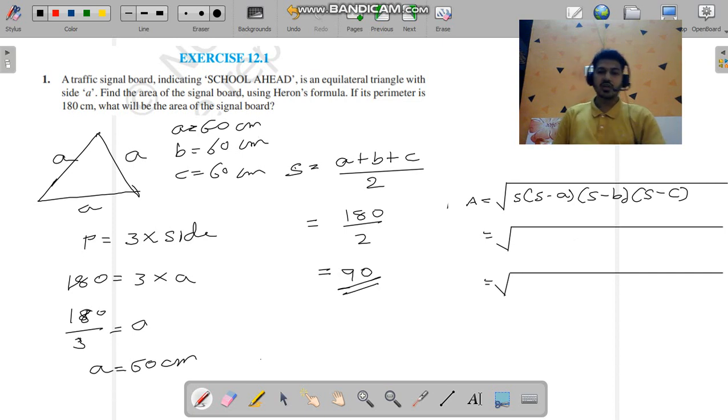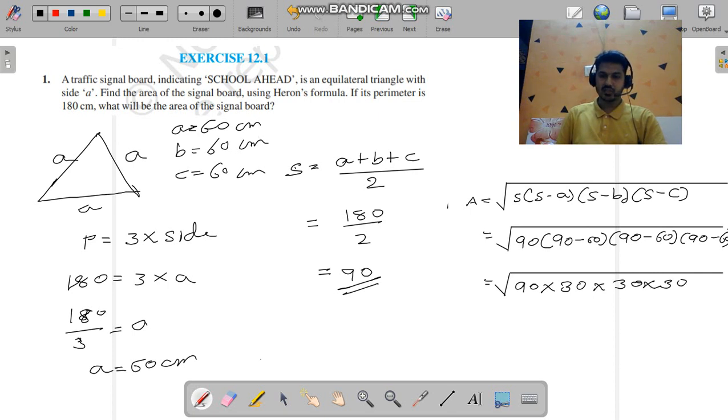Okay, now let us put these values in the formula. In place of s write 90, then 90 minus 60, then again 90 minus 60, and again 90 minus 60. Then subtract, so it will be 90 multiply 30 multiply 30 multiply 30.